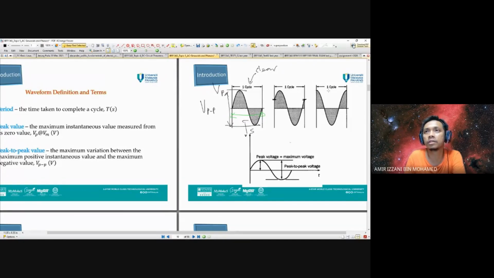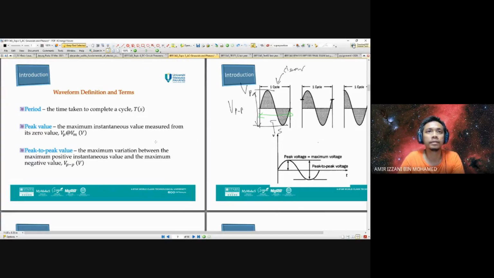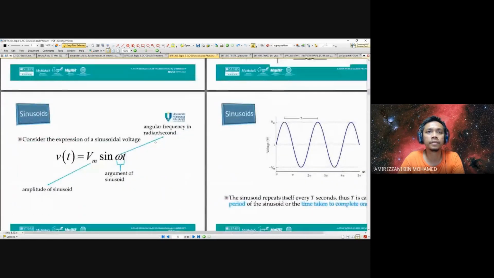And this one starts at maximum and ends at the maximum. So that's one cycle. It must complete 360 degrees. If you have any question, you can directly ask here.